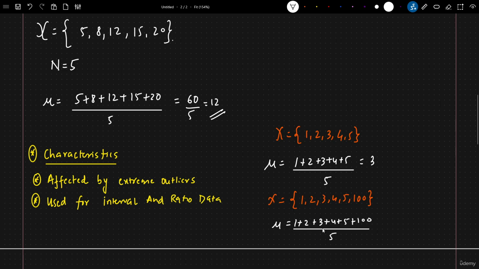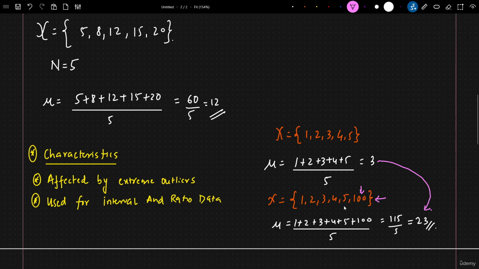So now it will be 115 divided by 5, which is 23. Here you can see that because of adding this outlier, your mean completely changed from 3 to 23, right? This is my distribution.